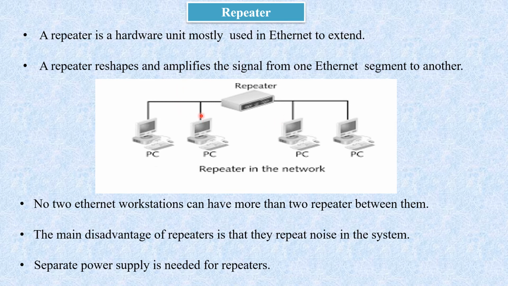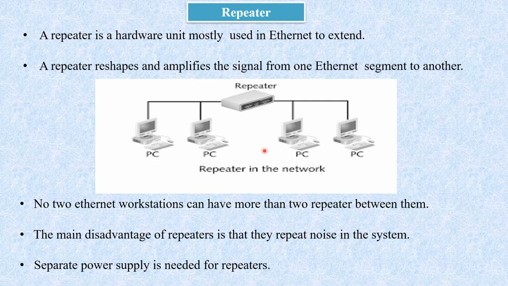It also restores the signal to its original shape. The repeater extends the data signal from one segment of the network and passes it to another segment of the network, thus extending the size of the network.